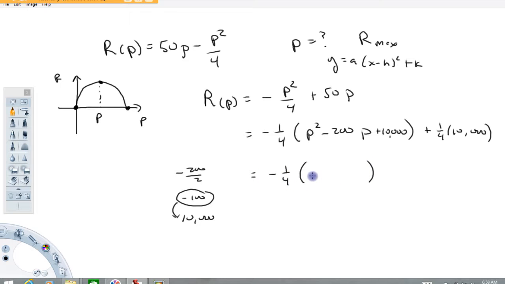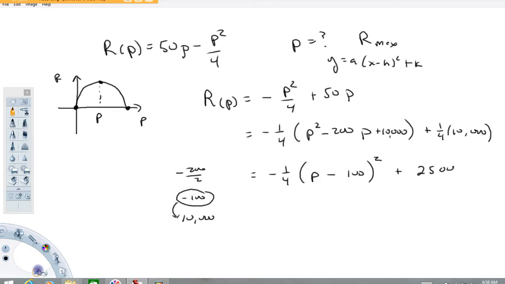This will now factor into P minus 100, the quantity squared. All right, and then 10,000 over 4, I think that's 2,500. 25, whoops, I put one too many zeros on that.